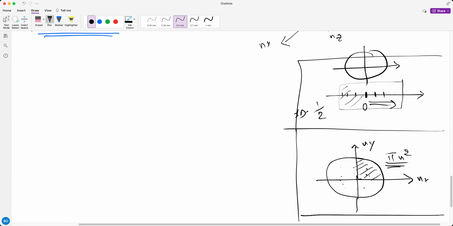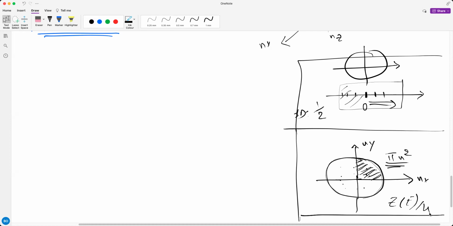If I take all this area and calculate the number of states there, I should only take into account the positive values of nx and ny. The positive values represent this part. So my density of states should be divided by which number? Divided by 4, right? Yeah, by 4.